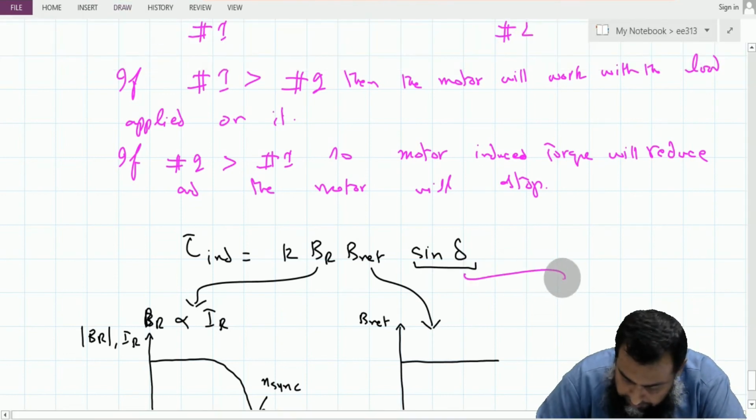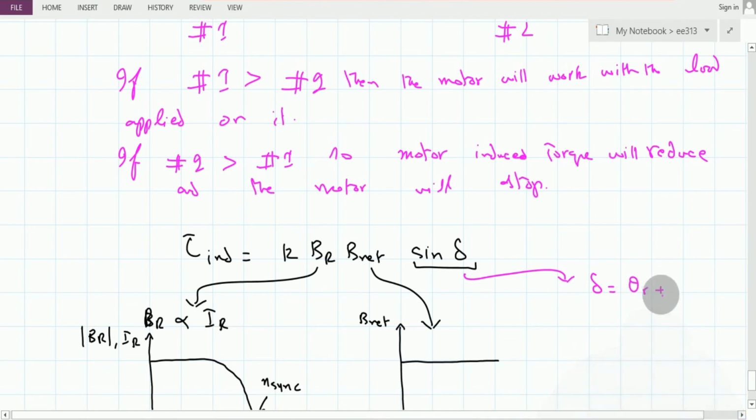For this overall arrangement, sin delta becomes equal to sin(theta_r plus 90 degrees), right? And that is equal to cosine theta_r, right?